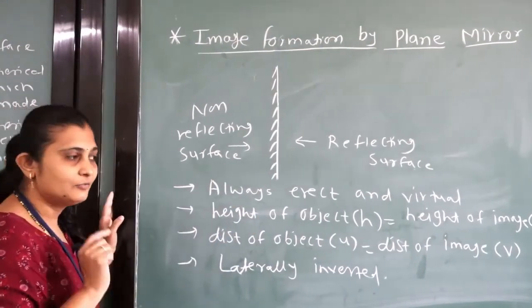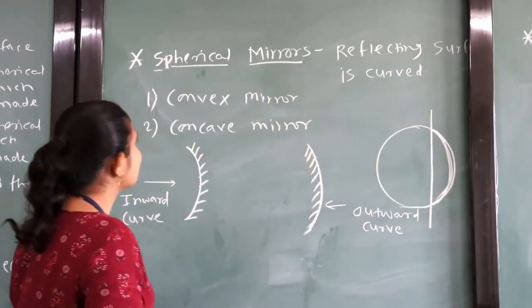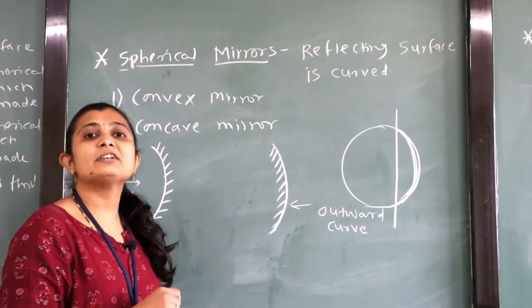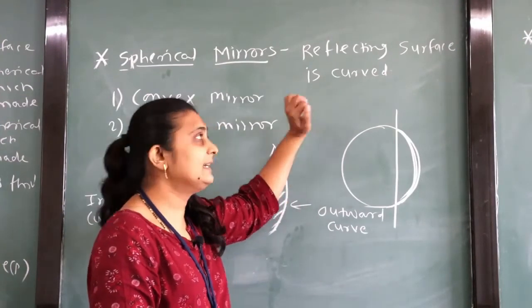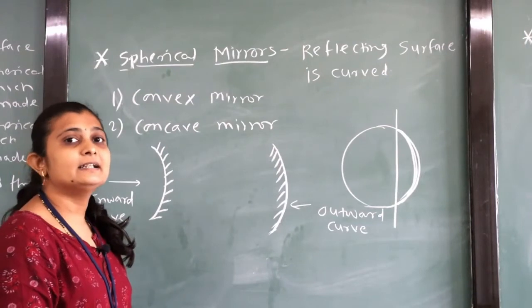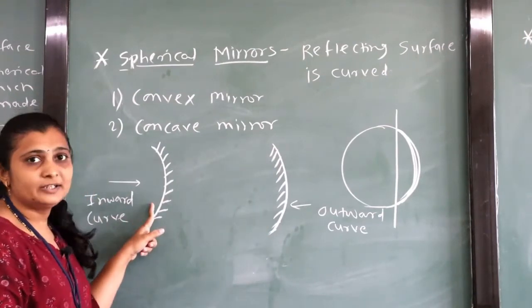After plane mirror, we discuss the topic spherical mirrors. Now what is a spherical mirror? Mirrors whose reflecting surface is curved are called spherical mirrors. 2 types of mirrors are there, convex and concave. This is the diagram for the convex mirror, and this one is the concave mirror.